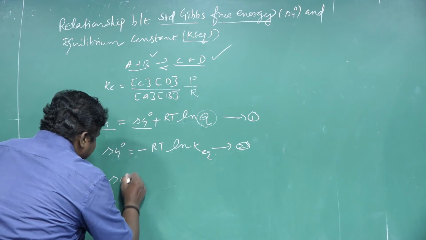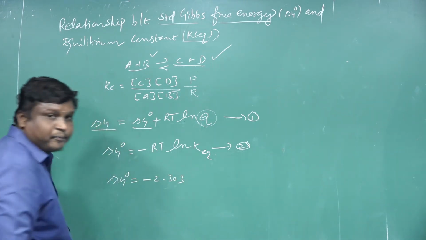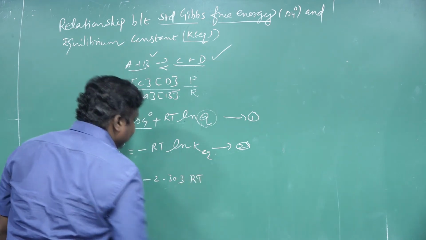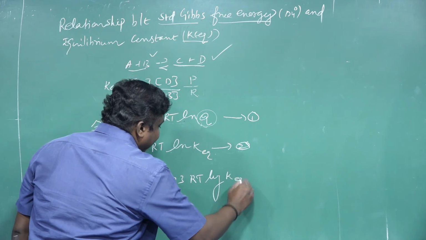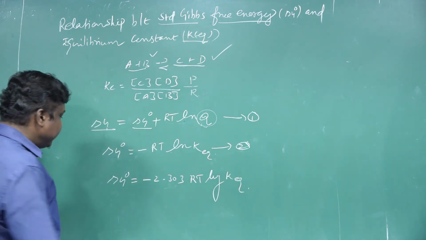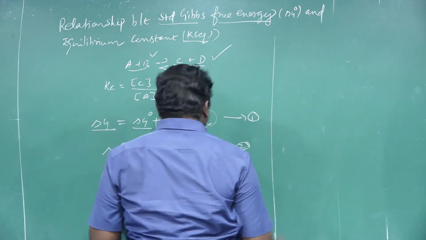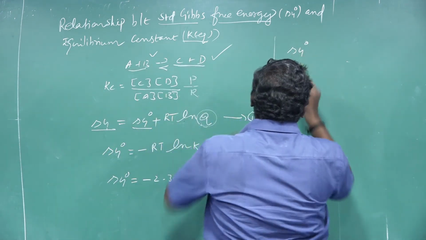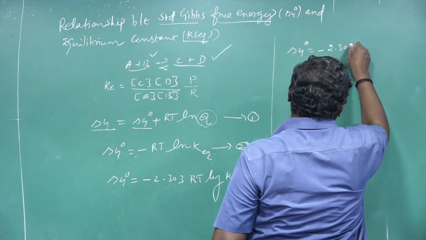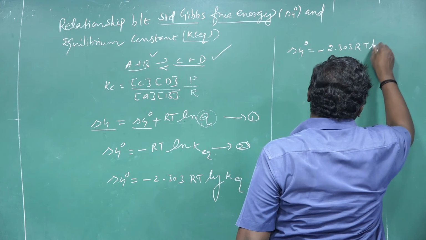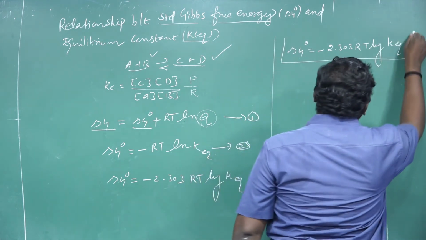So del G naught is equal to minus 2.303 RT log of K equilibrium constant.